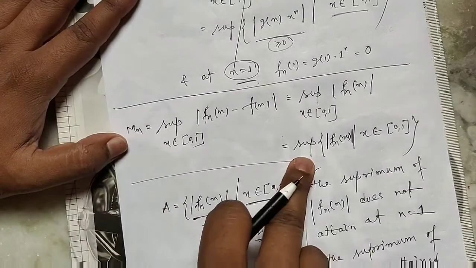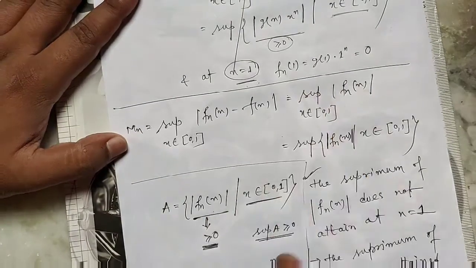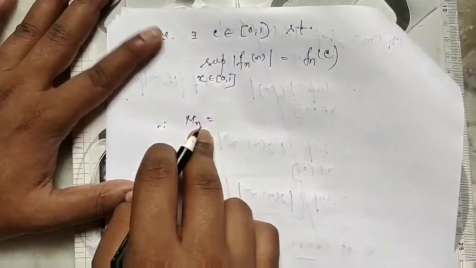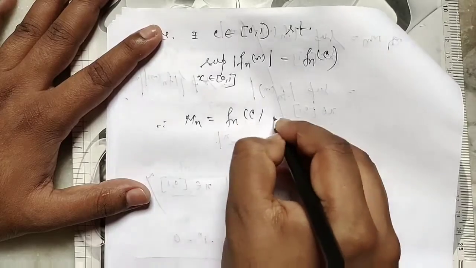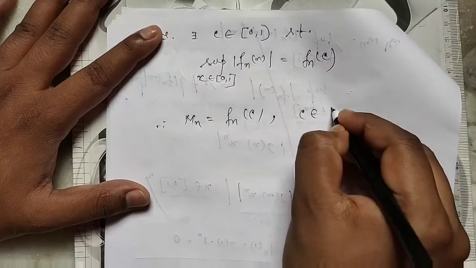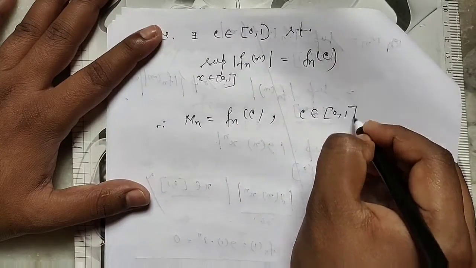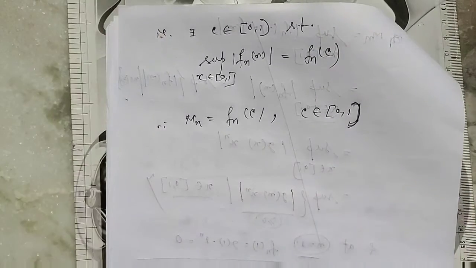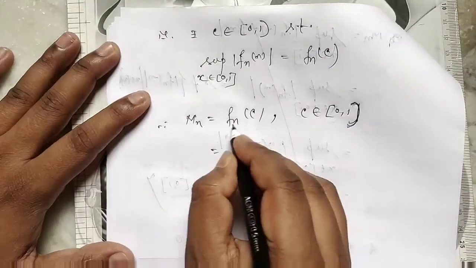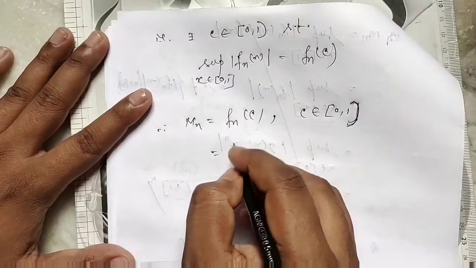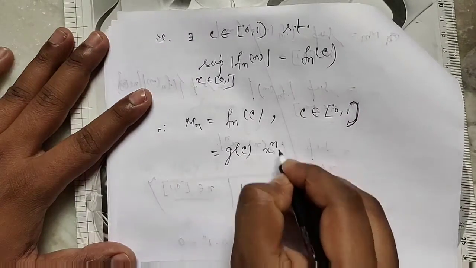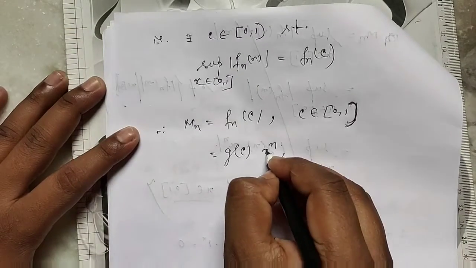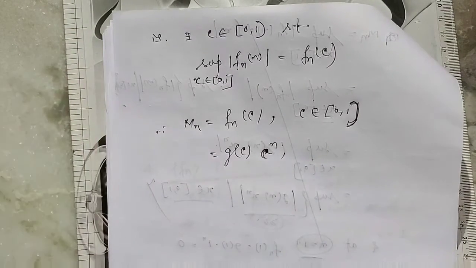Therefore Mn, what is our Mn? Our Mn is the supremum of fn x, and this is equal to fn c, where C belongs to closed 0 open 1. That is, this is equal to g of c into c to the power n.